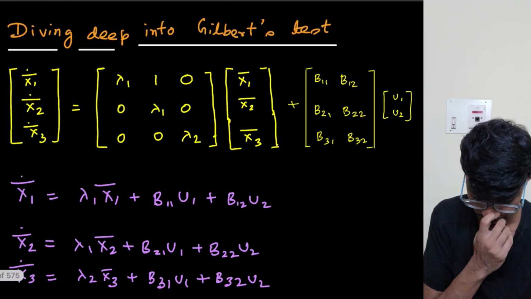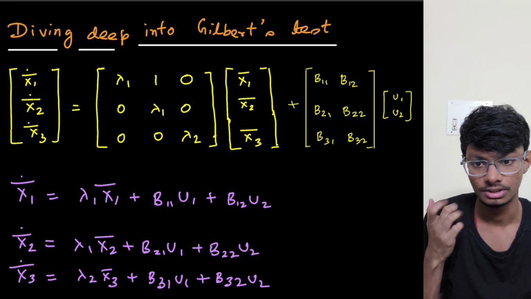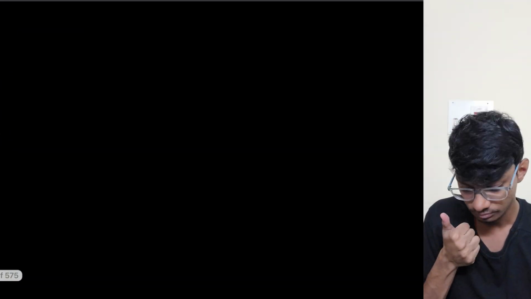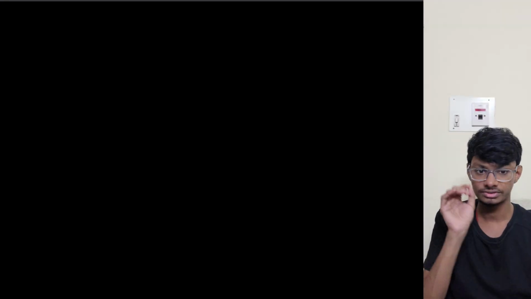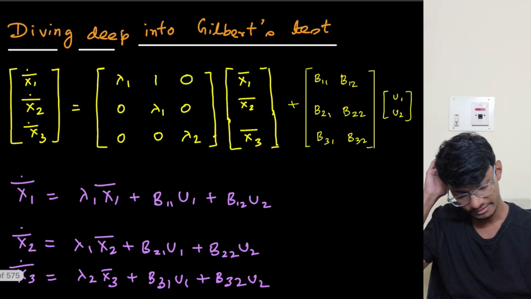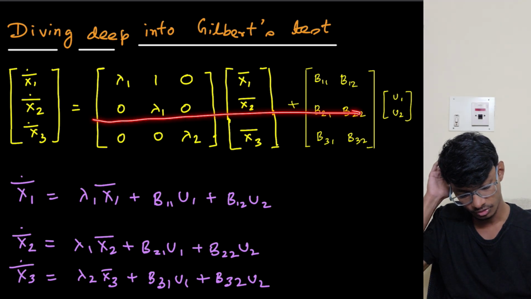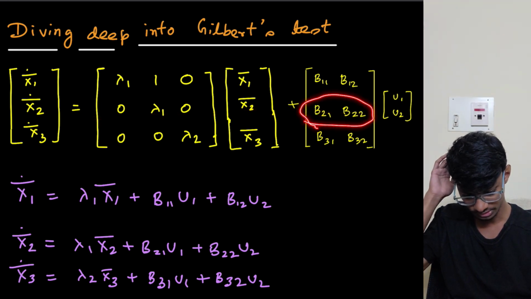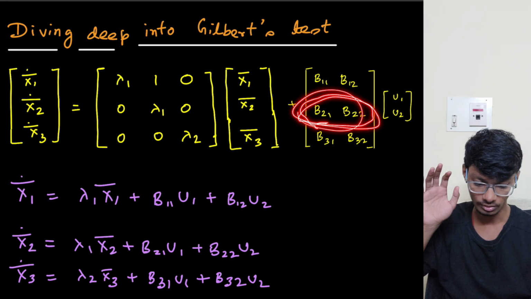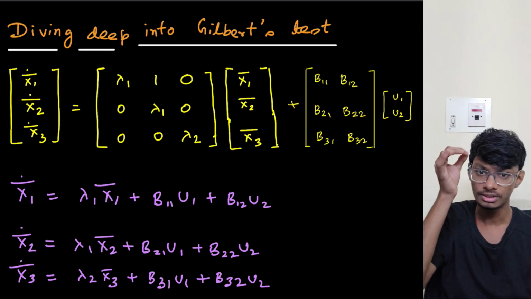Okay, so this is basically my state equation. Now what should I do? What was the rule saying? The rule says that if the last row corresponding to this Jordan block in the B matrix becomes 0, all of them, then my system will not be controllable.